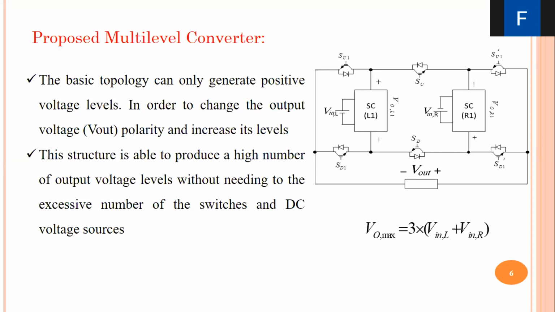And with a low number of power electronic components, we have more and more voltage levels in our output. And also the maximum output voltage is equal to 3 times Vin plus Vin left side plus Vin right side.